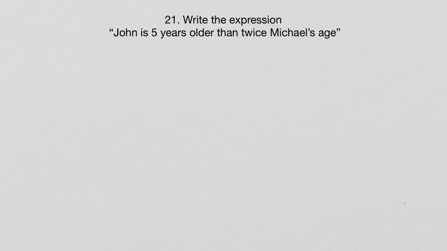We can represent John with J and Michael with M. Is means equal to. 5 years older than will be 5 plus. Twice Michael's age will be 2 times M. So we have J equals 5 plus 2M.